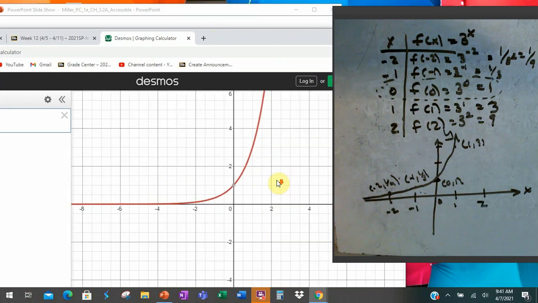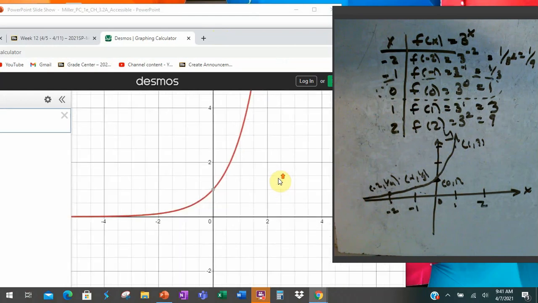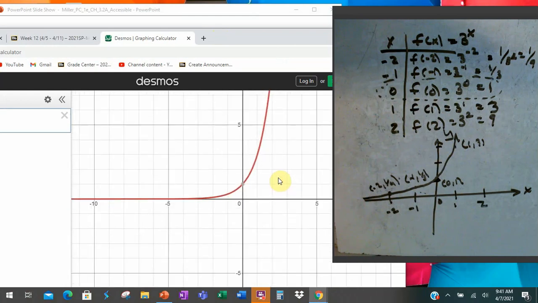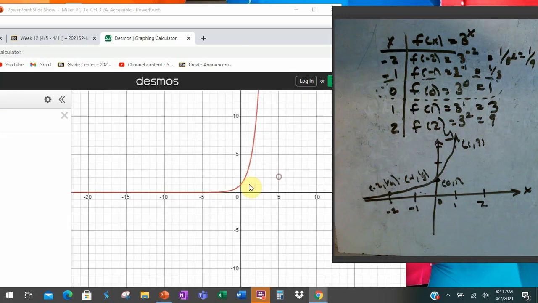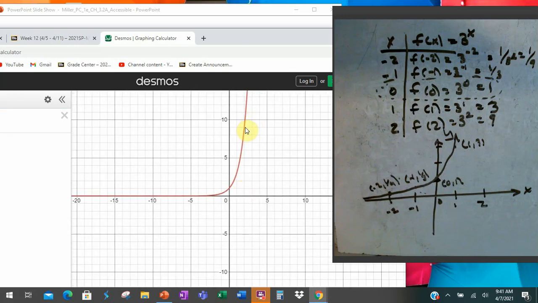So if I do 2, I'm going to scale this thing. So right here, that's the 2.9 if we can get it to stick. There.